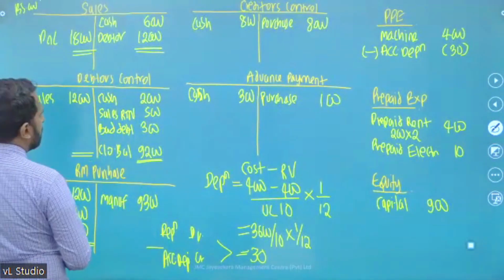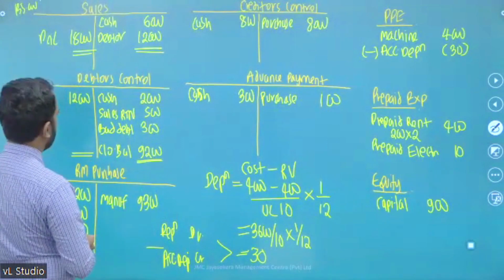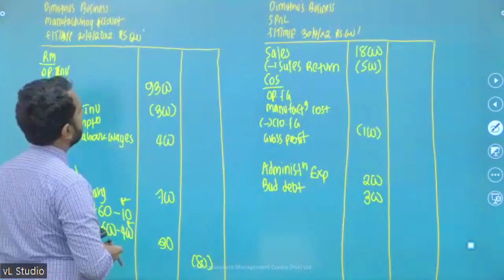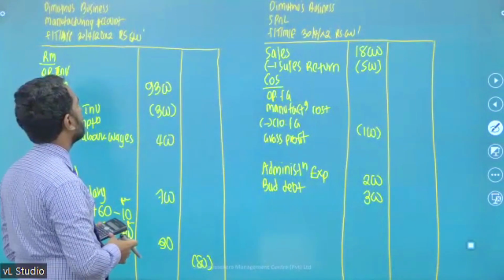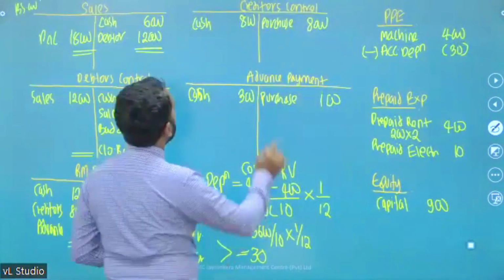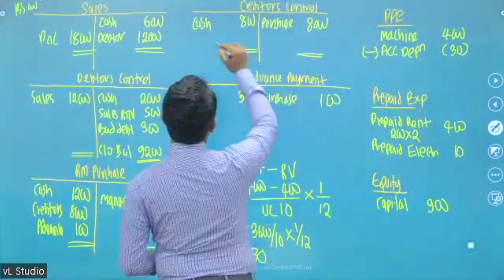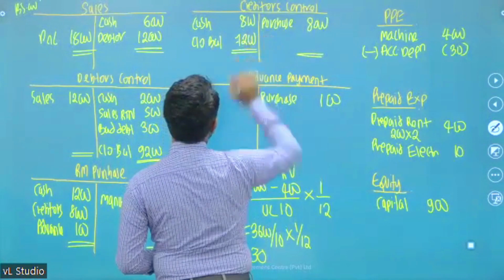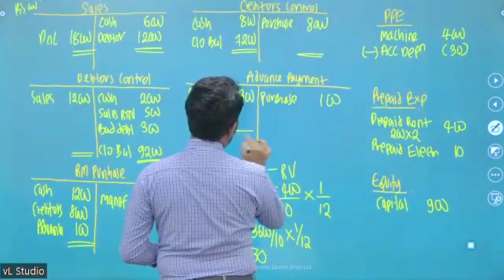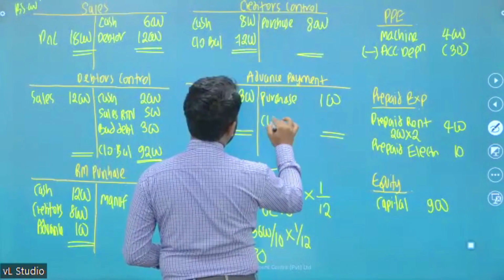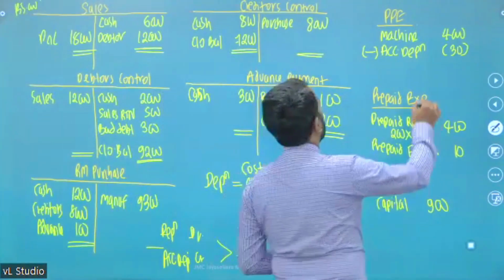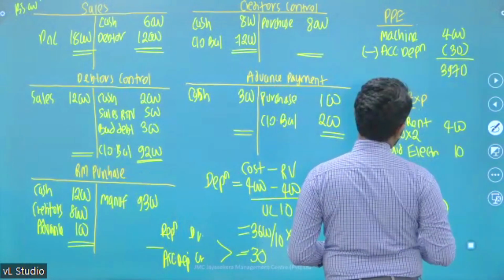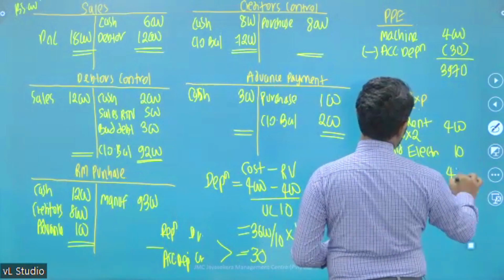So the raw material purchase is 9,300. Creditors control account, the closing balance 7,200. Advance account, your closing balance. Machine account, your closing balance 3,970. Prepayments are 410.